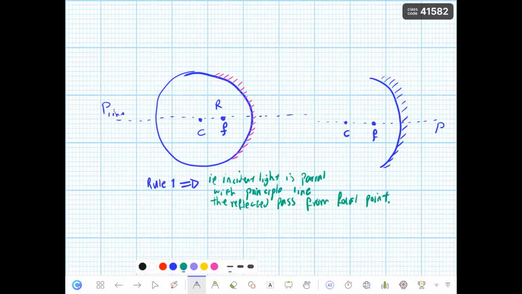What does it mean? If this is the incident light, and if the incident light is parallel, good, the reflected light passes through the focal point.